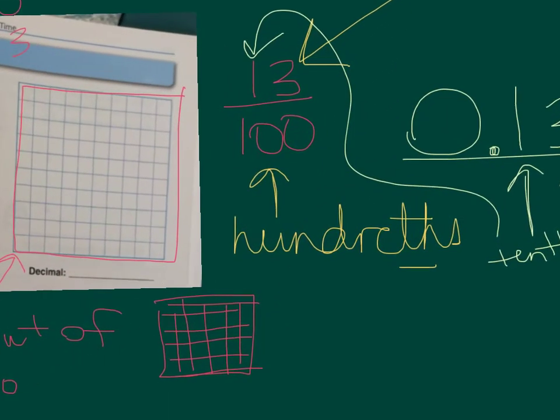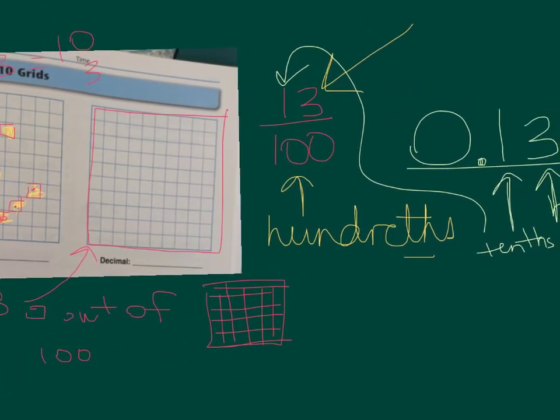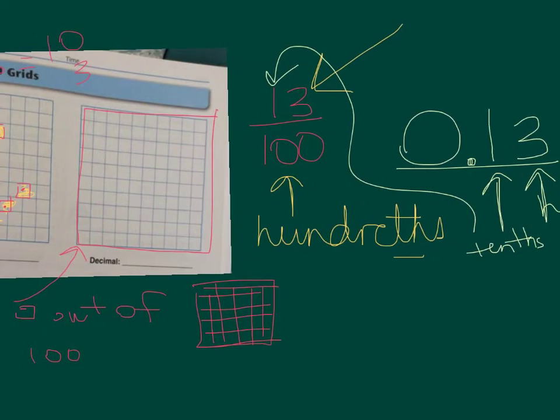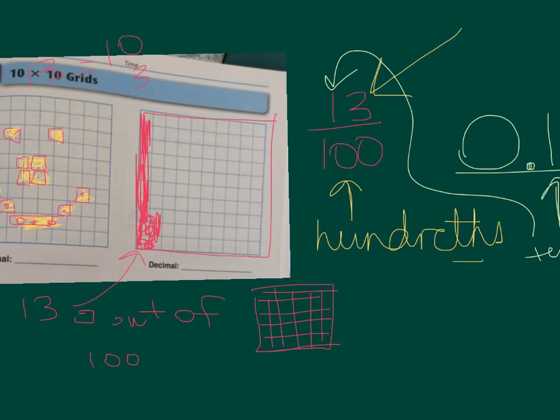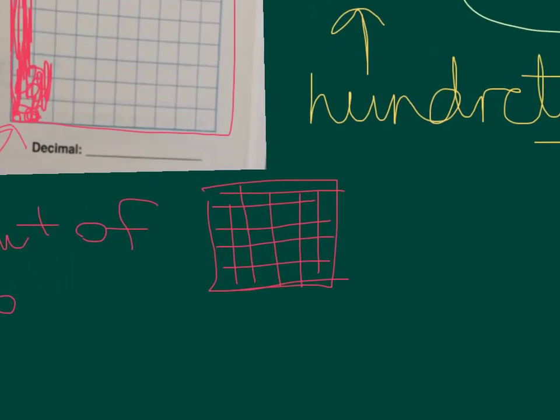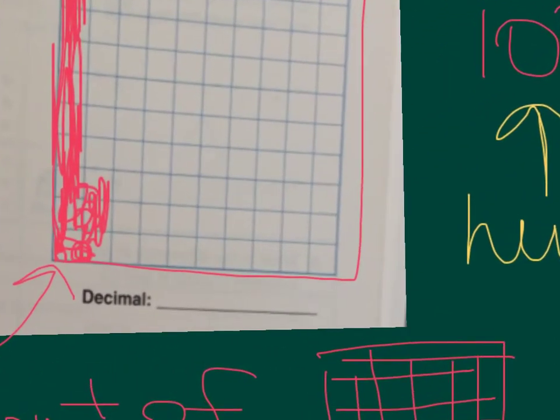So another way of looking at this would be, if we didn't have our smiley face there, to cover 13 of these little boxes. There's 10, 11, 12, 13. Okay? So your decimal would go right here on the bottom line as 0.13.